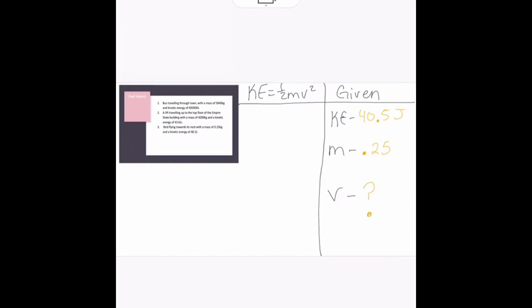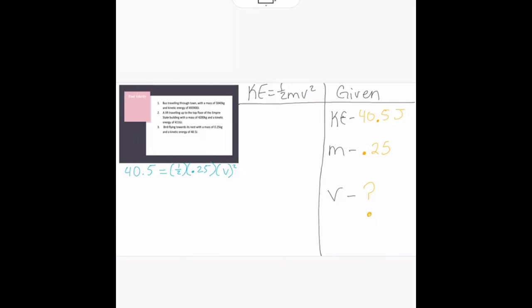We're gonna come back over here. I think yellow is confusing to write with, to be honest. I'm just really partial to blue. So we're going to do 40.5 equals 1/2. We'll just go ahead and do our 1/2 this time. 1/2 m, which is 0.25, and V squared.